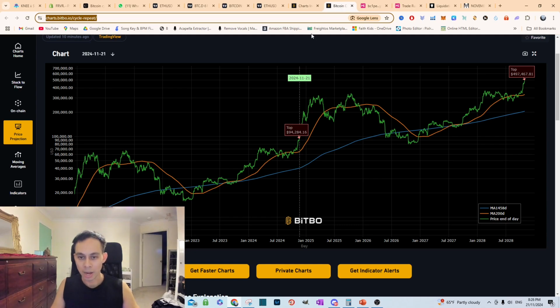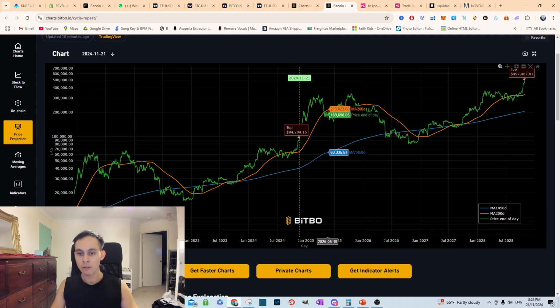I really want to talk about this Bitbo chart that I found here. So if this is correct, right now, it's actually taking the price action of last cycle and fast forward copying it to the future. It's almost to the T right now where it's predicted 94,000, but we're actually on 97,000 here today.